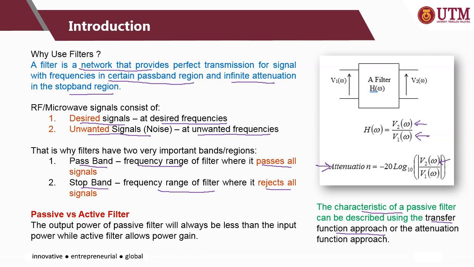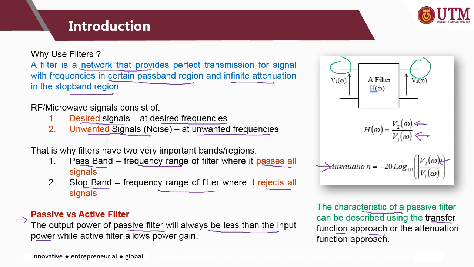Okay, and next is the difference between the passive filter and the active filter, in which the output power of a passive filter will always be less than the input power. Okay, the output at this point will always be less than the input point.